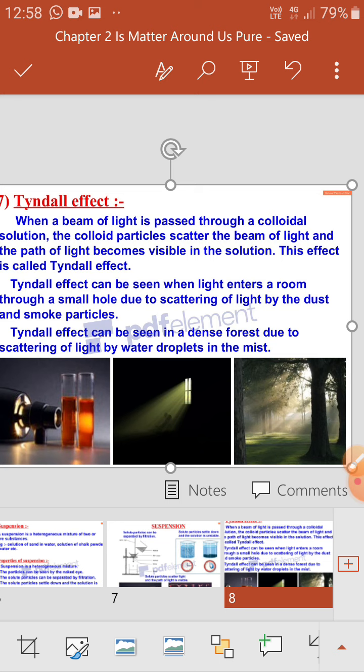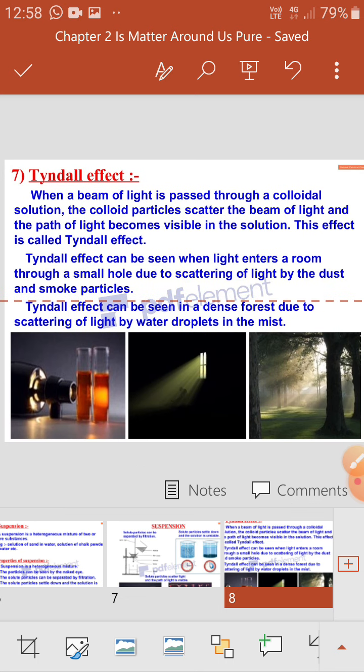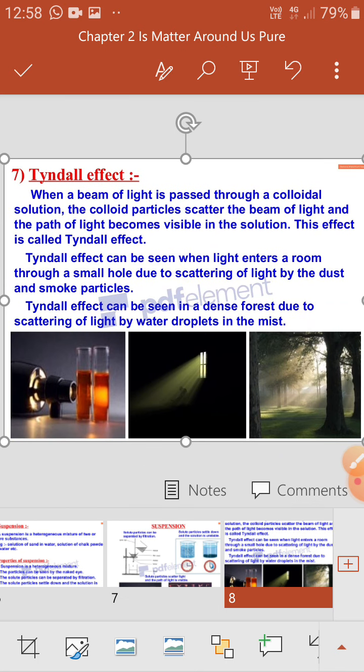There will be more moisture because of the water droplets. Whenever light falls on these water droplets, they also scatter the beam of light. If the beam of light is scattered, then the path of the light will be visible. This effect is called the Tyndall effect.